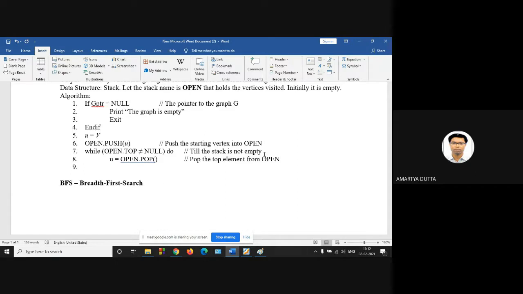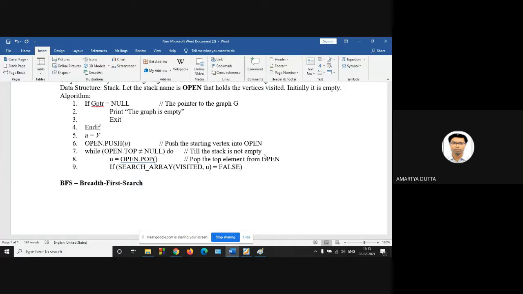Now if your search array, this is a function. Okay. If your search array, the array name is visited, and u is false.